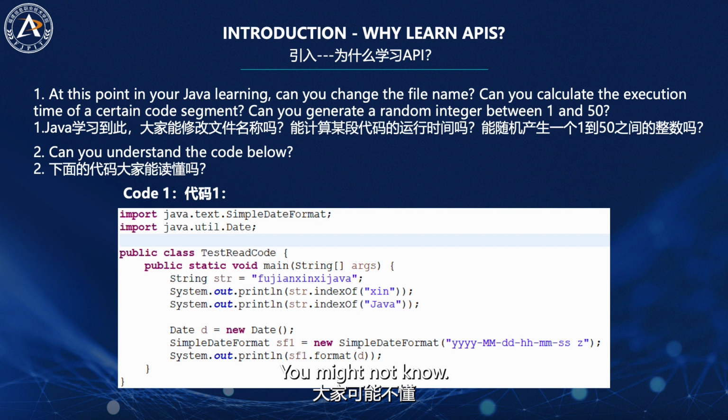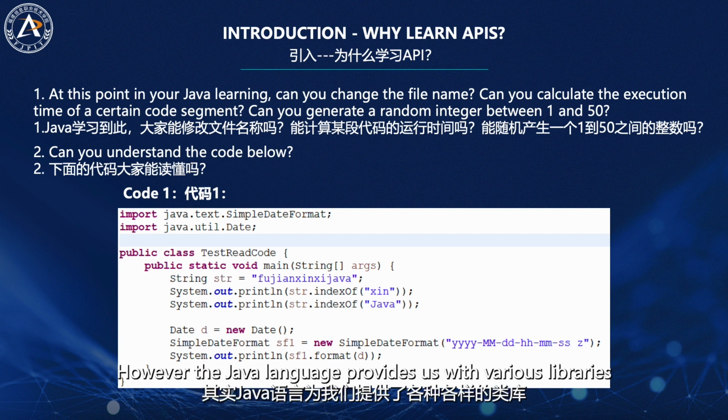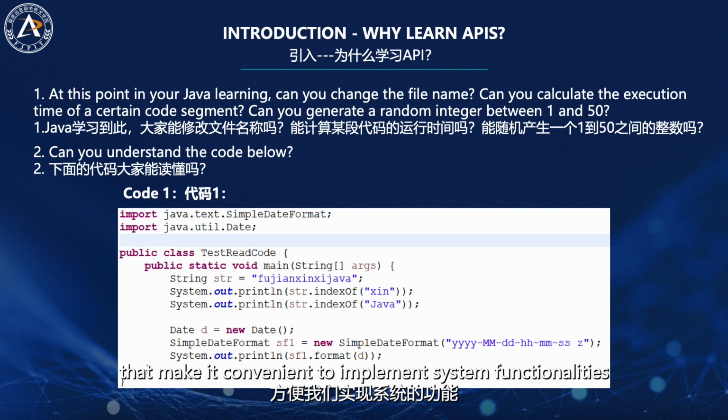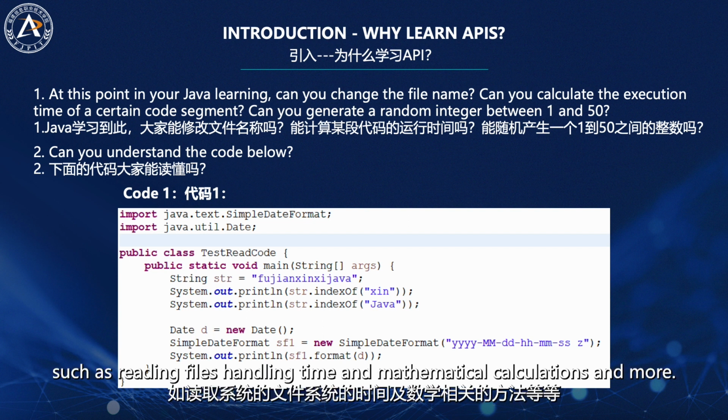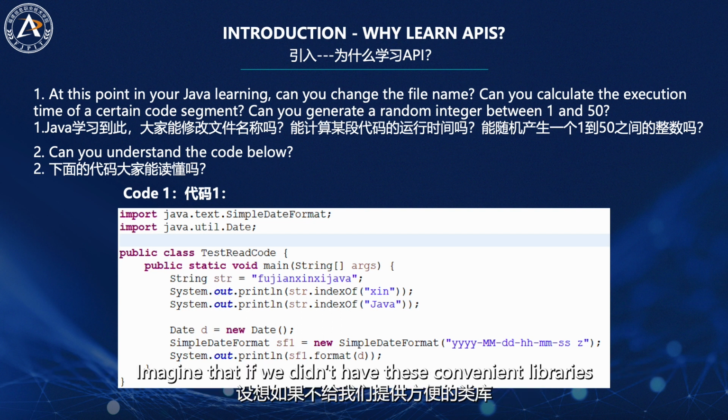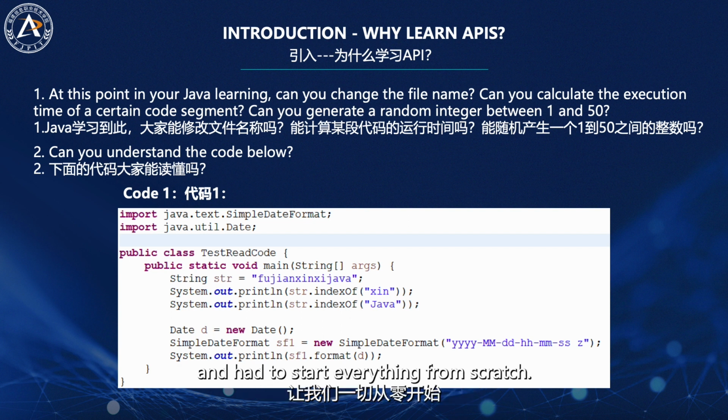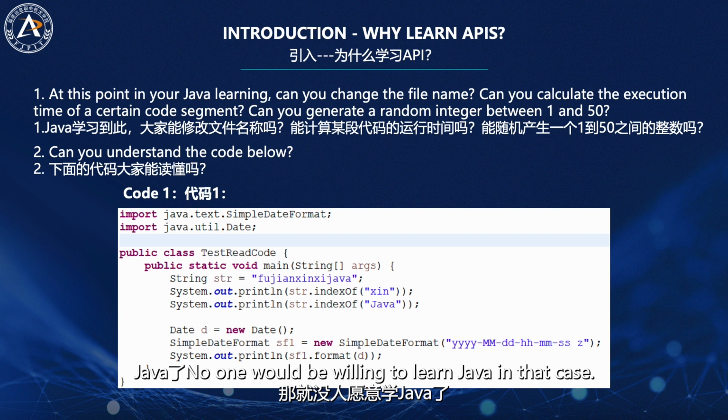You might not know. However, the Java language provides us with various libraries that make it convenient to implement system functionalities, such as reading files, handling time and mathematical calculations, and more. Imagine that if we didn't have these convenient libraries and had to start everything from scratch, no one would be willing to learn Java.